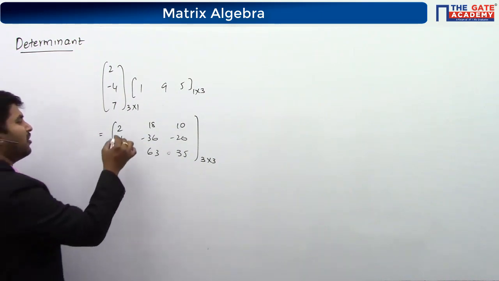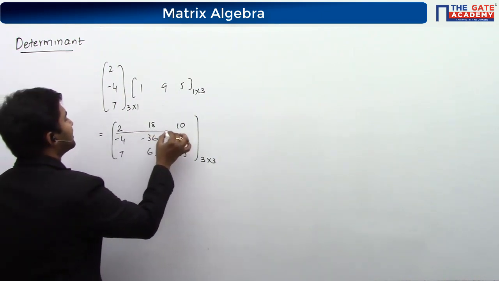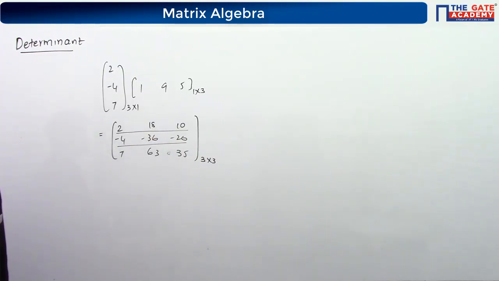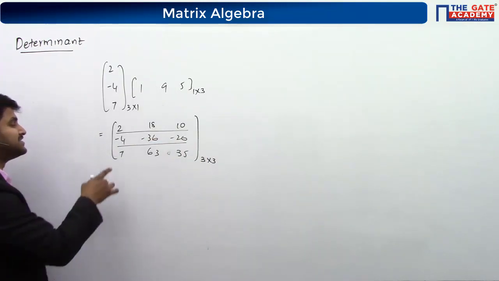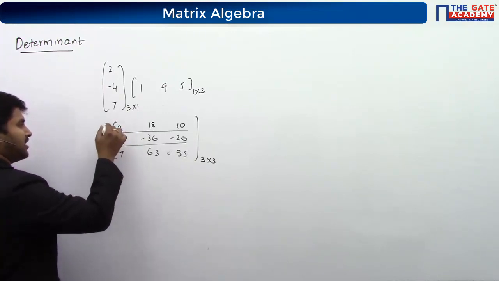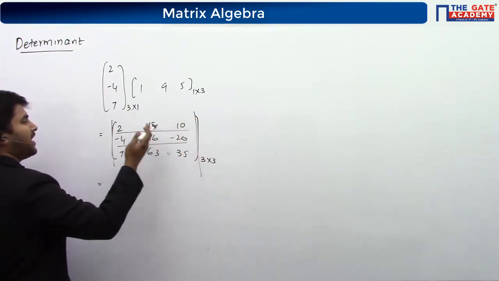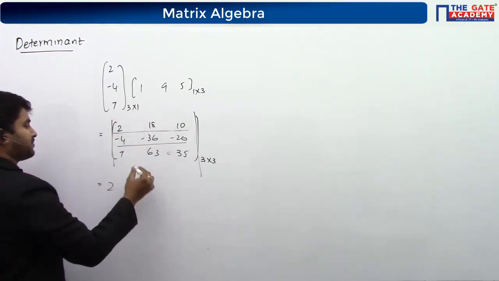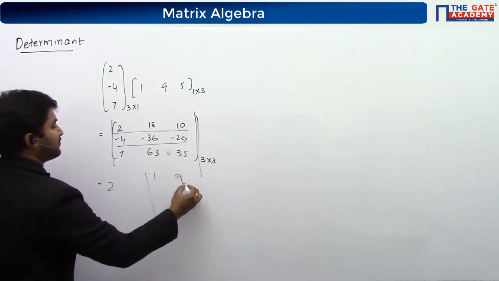If you observe, all these rows are nothing but proportional rows. Yes or no? You can please check. What I can do is that, considering this as a determinant, if I remove 2 from the first row, then it becomes 195.